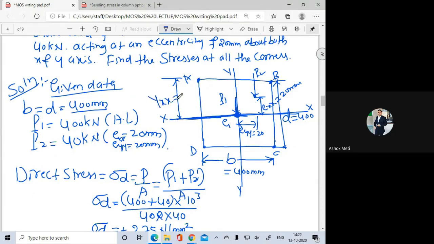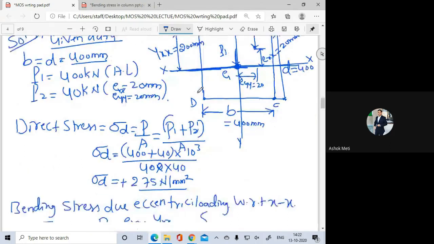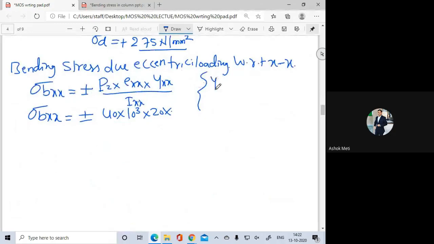So what will be the distance? Here the total depth is 200, divided by 2. Okay, divided by 2. So what will be the extreme fiber distance from the neutral axis? The depth will be 200. So yxx will be equal to 200.